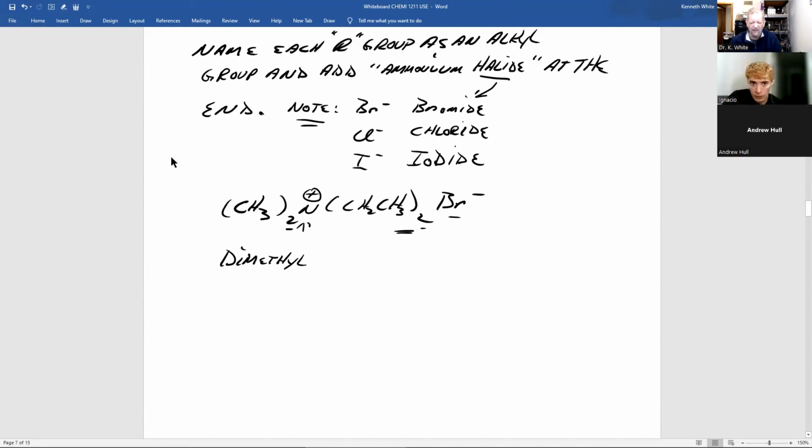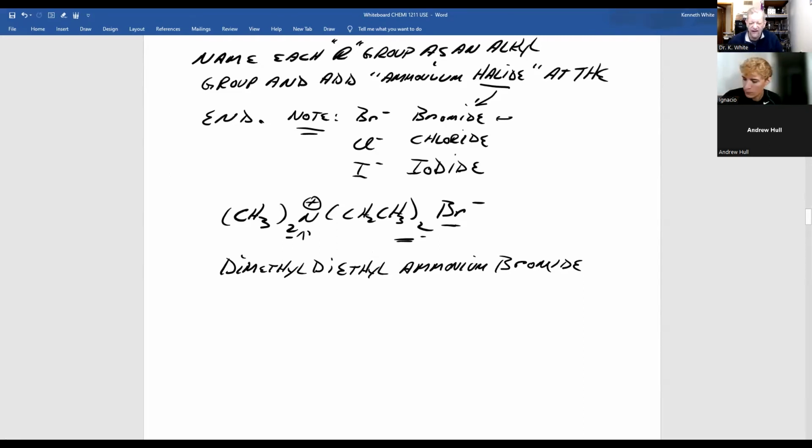I'll start dimethyl, diethyl, ammonium, and Br minus. Someone was nice enough to write on here, it's bromide. So you name each alkyl group, then add ammonium halide: Br minus bromide, Cl minus chloride, I minus iodide.